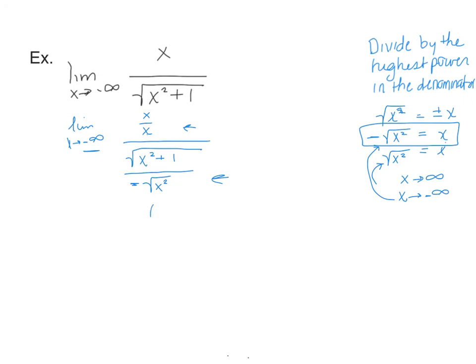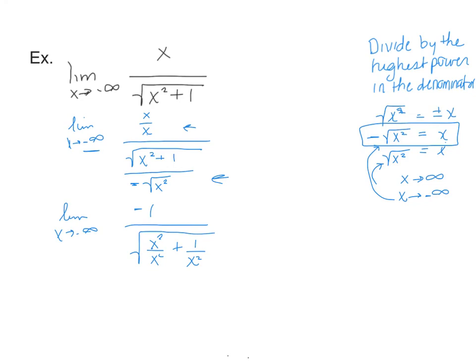All right, so the rest of this is just algebra. So I would have 1 over, let me do the limit as x approaches negative infinity. And then I'm going to move the negative to the 1 up here, get it out of the way. This will be x squared over x squared plus 1 over x squared.